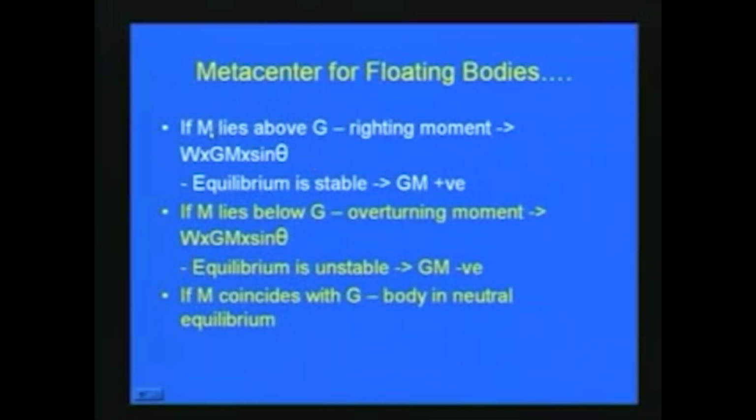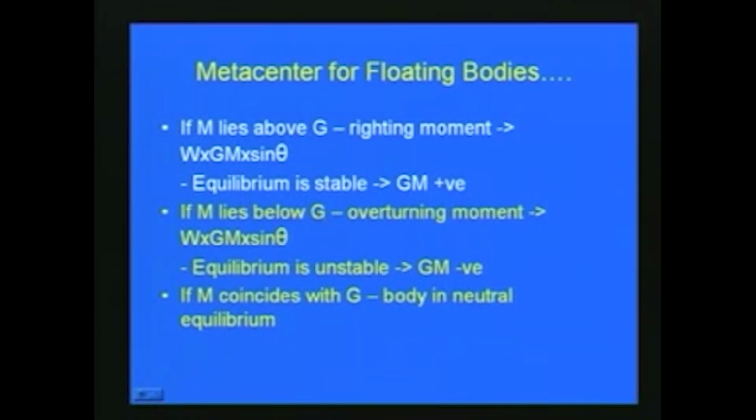So here if M, the metacenter, lies above G, then a righting moment will be W, the weight of the floating body, into GM, the metacenter height, into sin theta. So the body is said to be in stable equilibrium if GM is positive.